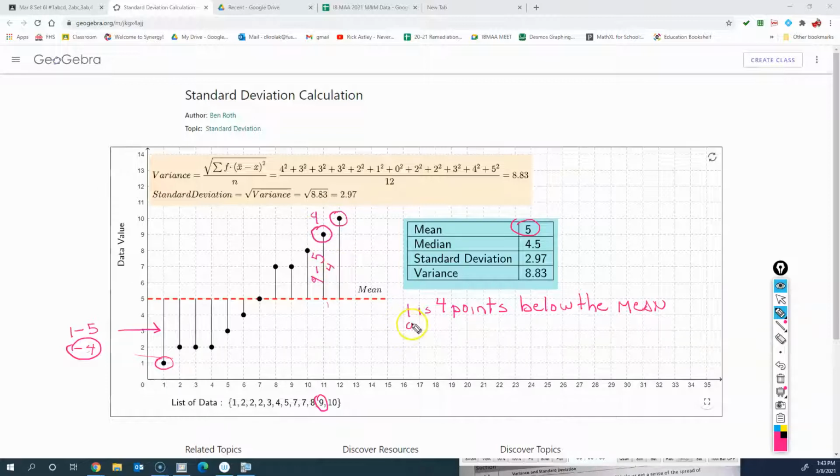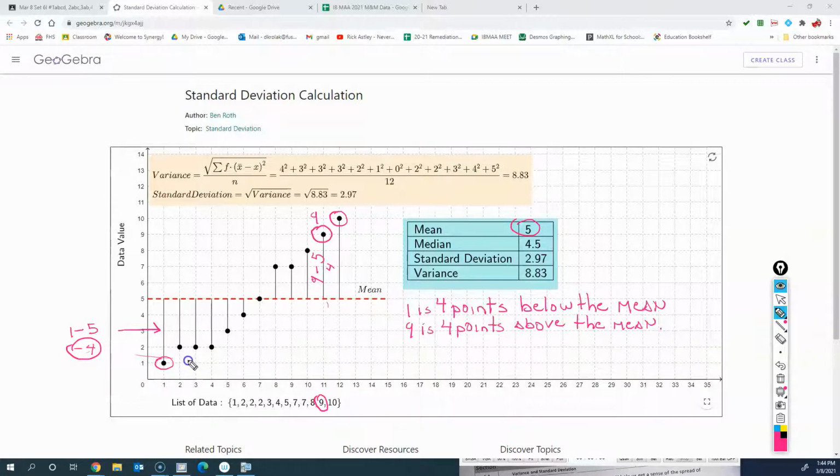So what that tells me is the data point 9 is 4 points above the mean. So the number associated with each data point is the distance that it is from the mean.